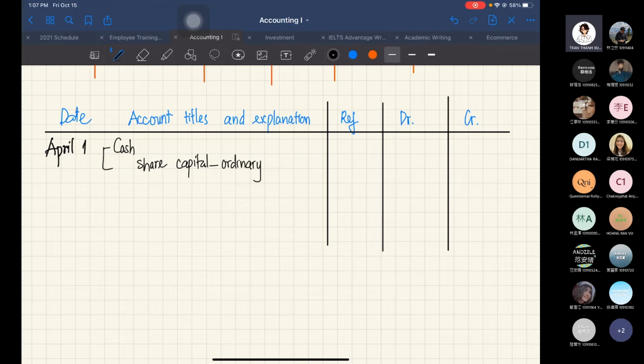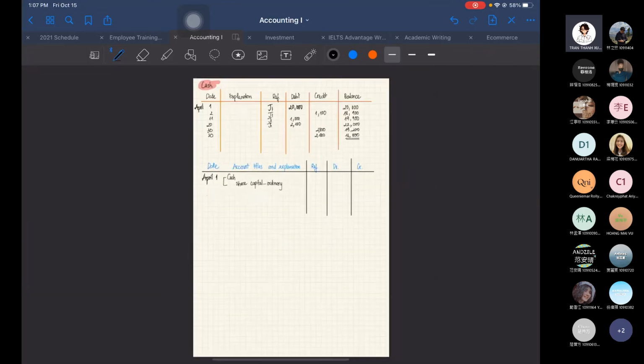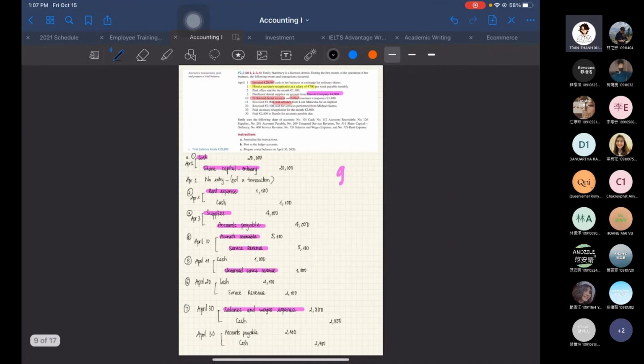Reference here. Can you find for me what is the account number of cash? No, no, no. I'm asking about the account number.